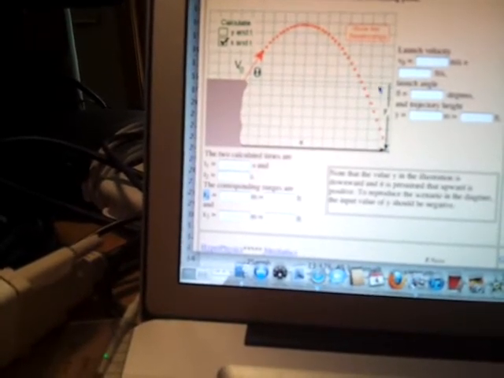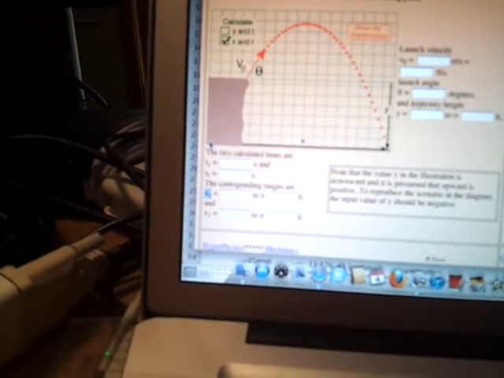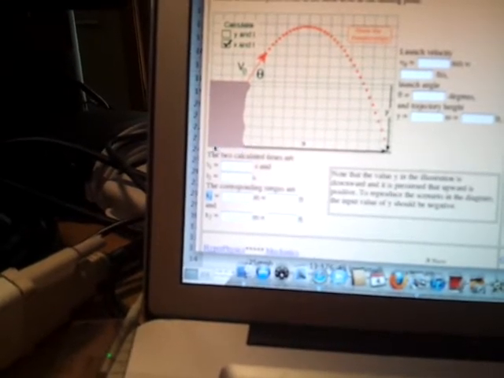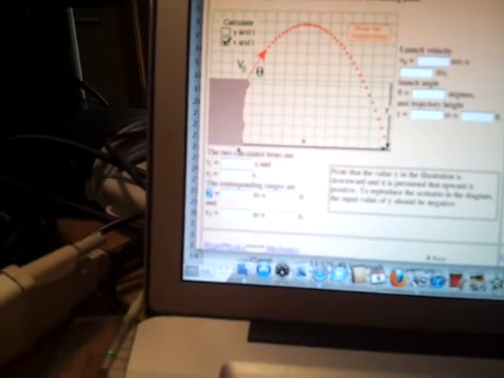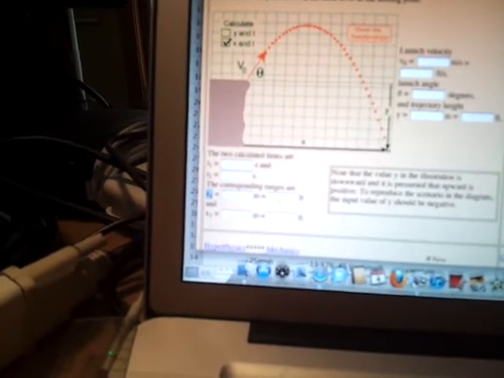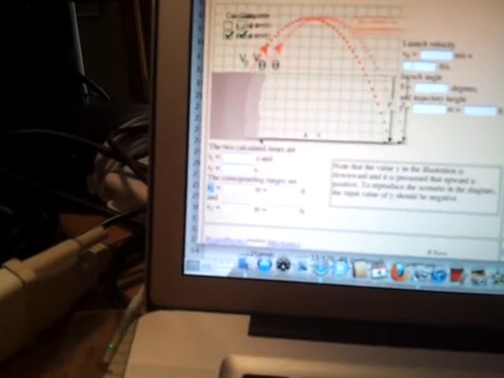So it could be this short distance here, or it could be the distance of where the ball would have been launched from had it had the same height as the landing point. Either way, you'll see that x1 ends up being a negative number, it's a smaller number, and x2 ends up being the number that we're interested in.